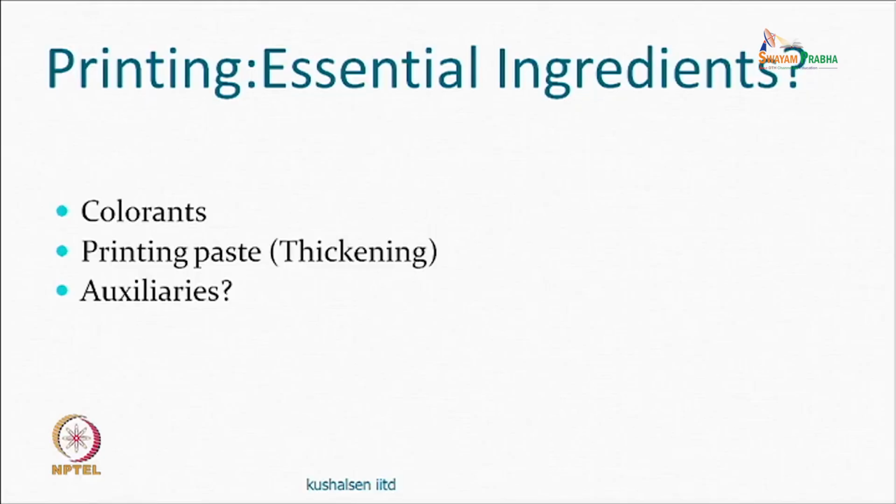So, if you look at the essentials, we have colorants, which of course has to be supported by what we call a printing paste to increase the viscosity, because we want to keep everything within the boundary. It is also sometimes known as thickening or thickening agent.